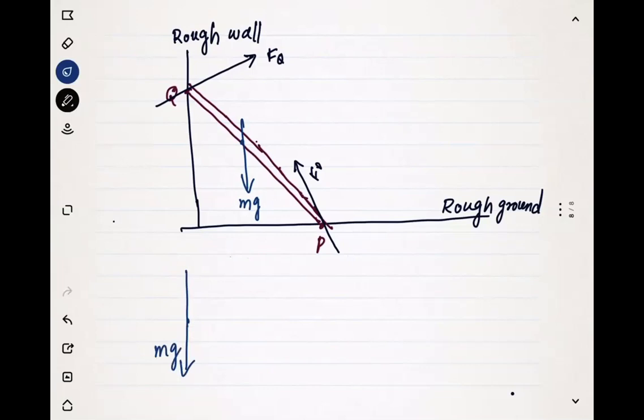If we draw the other forces, like the force at Q, for example, so this is the force at Q, and the force at P would be obviously, so mg, then you have the force at Q, and then you have the force at P.